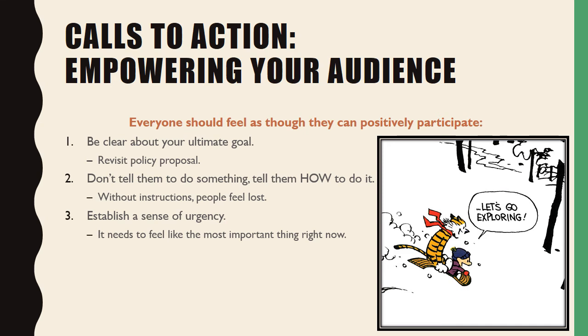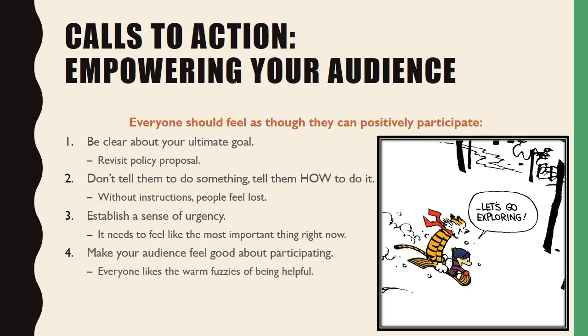The third thing that you want to do is establish a sense of urgency. So you want to make them feel as though it's something they should do now, rather than, oh well, I can wait. That's all well and good, but I have all these other things that I need to do. You really want them to feel as though the most important thing that they can do in this moment is start participating in these steps that you've laid out.